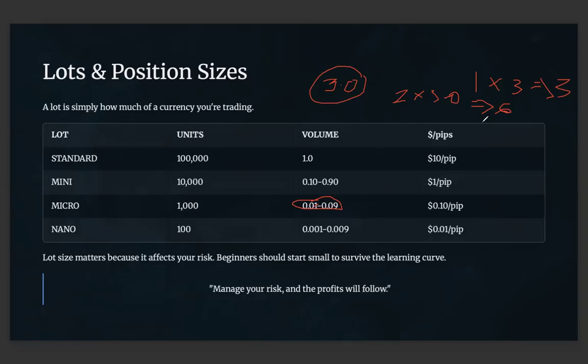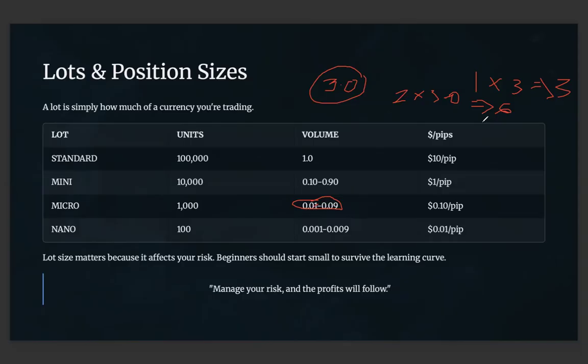So your lot size matters. Your lot size, it actually matters. 0.01 to 0.09. 0.01 means what? $1 per 10 pips. 0.02 means $2 per 10 pips. 0.03 means $3. 0.04, $4. And on and on to get to 0.09, which means $9.